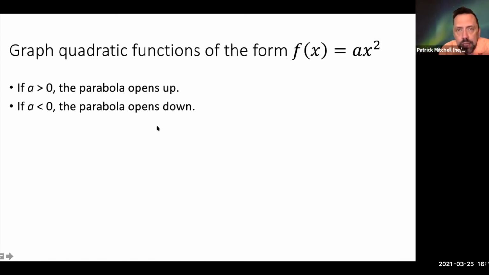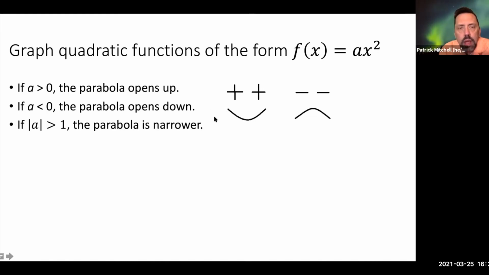And there is a really cute way to remember this. The smiling face with the little plus signs for eyes helps you remember that if a is positive, the parabola opens up. And the little closed eyes with the frowning face, the sad face, helps you remember that if a is less than 0, the parabola opens down.